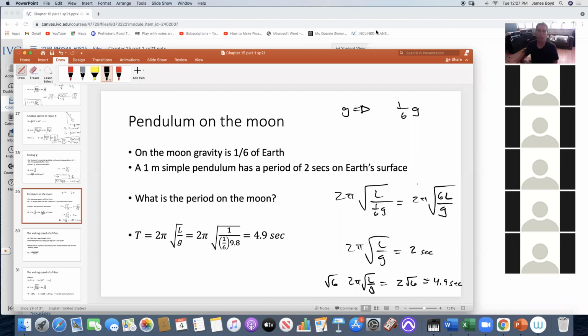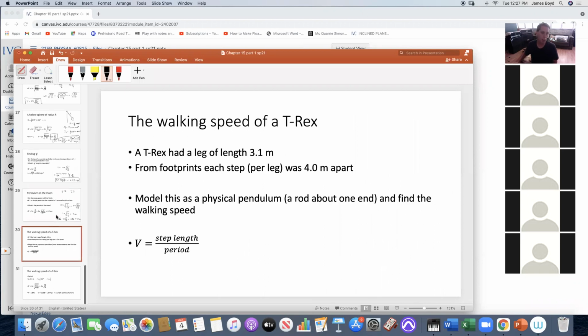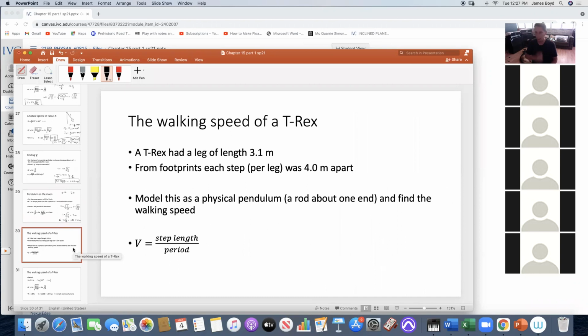All right, so the last fun one I want to do before we take our 10-minute break. This actually surprised me because this problem is in University Physics. It's a cool problem using pendulums. There was a group at some college that did research and figured out the walking speed of a T-Rex.